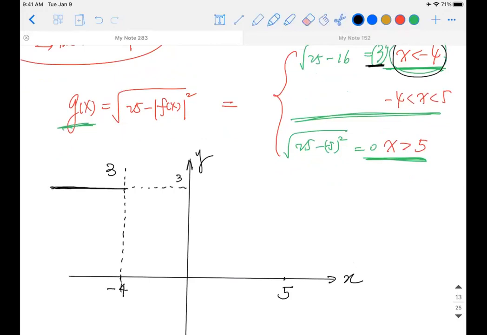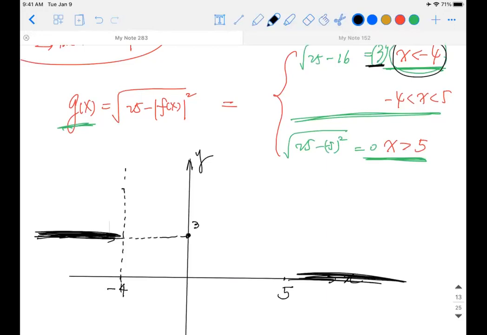Maybe my graph is not so good. Let me erase it. 3 should be less than 4, something like here. As long as x is less than -4, it's this part. As long as my x is greater than 5, this part. These are all easy peasy stuff. The most challenging part is whatever is within this little range.